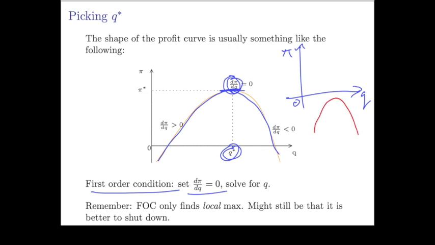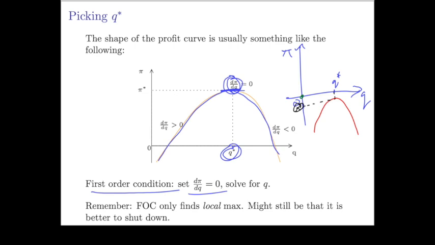So when you find the optimum Q, Q star is going to be here, but your optimal profit, your profit at Q star, which we'll denote by pi star, is going to be negative, which means that you're making a loss in the best of scenarios. So even at the best quantity that you could possibly pick, Q star, you're still making a loss. So the best thing for you to do would be to pick quantity 0 and shut down.